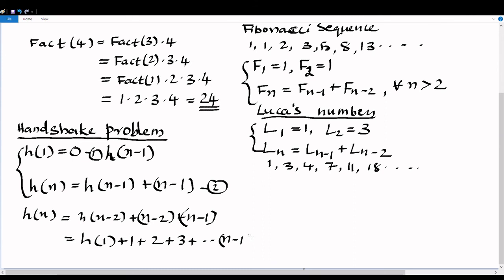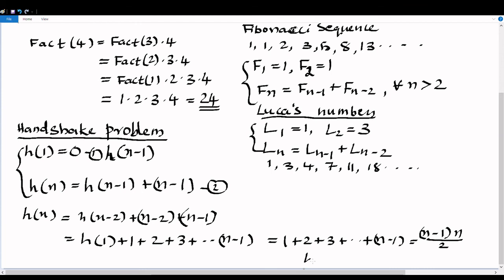But h of 1 is equal to 0. So, this becomes the sum of the first n minus 1 natural numbers, 1 plus 2 plus 3 plus etc. plus n minus 1. That is equal to n into n plus 1 by 2, or as there are n minus 1 numbers, we get n minus 1 into n by 2.